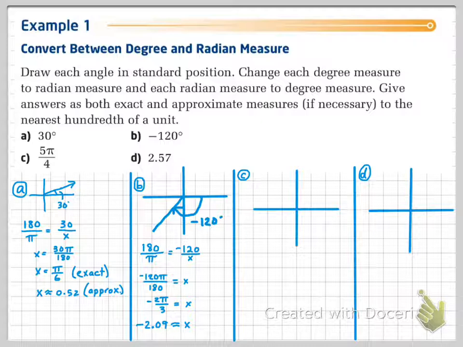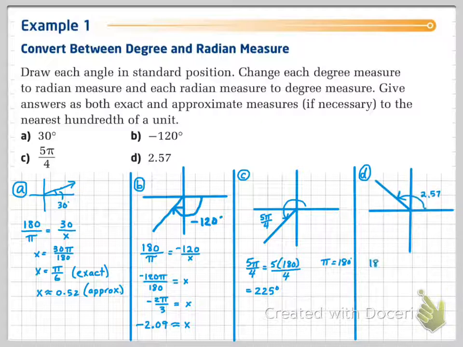Here we go with C and D. First of all, with C, there's 5 pi over 4. Remember pi is 180 degrees, so 5 times 180 over 4 is going to give me a measure of 225 degrees. In the last one, we've got 2.57.